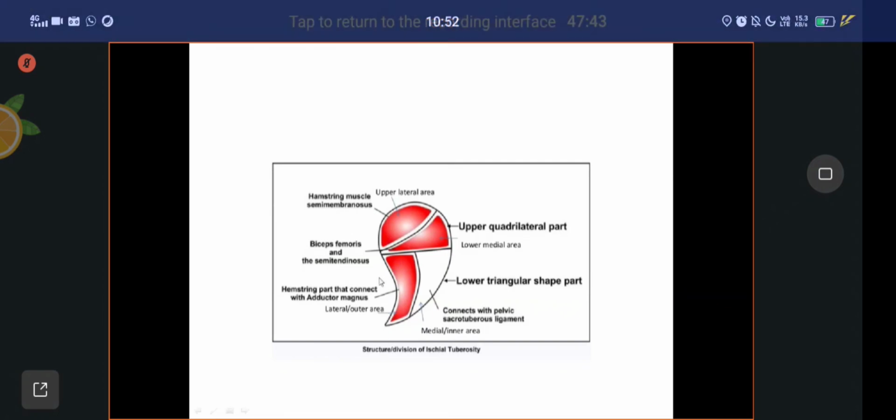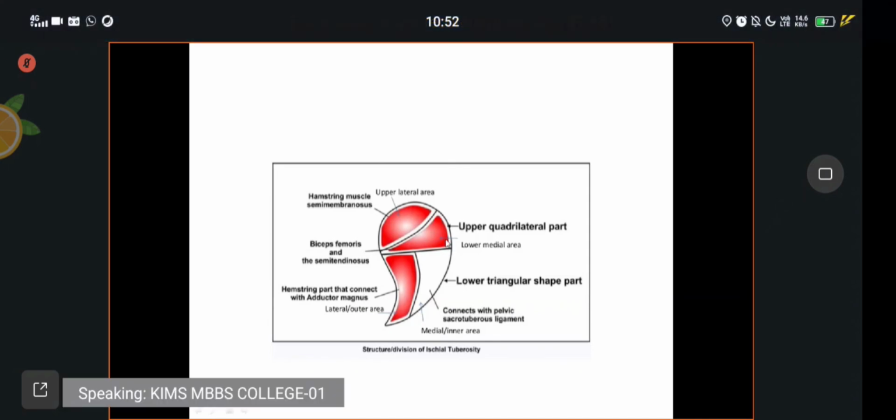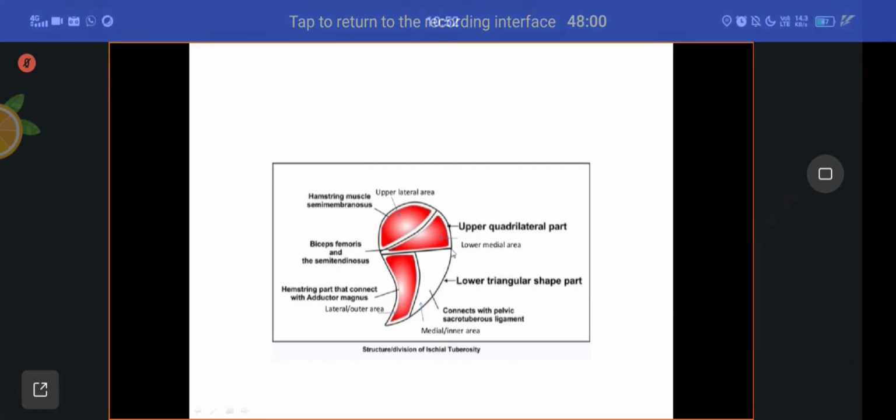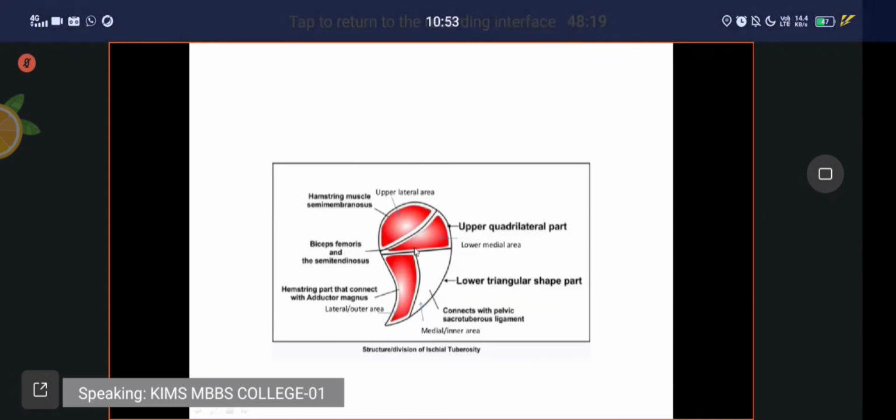This lower end of the ischial tuberosity is divided into an upper part and a lower part by a horizontal line.